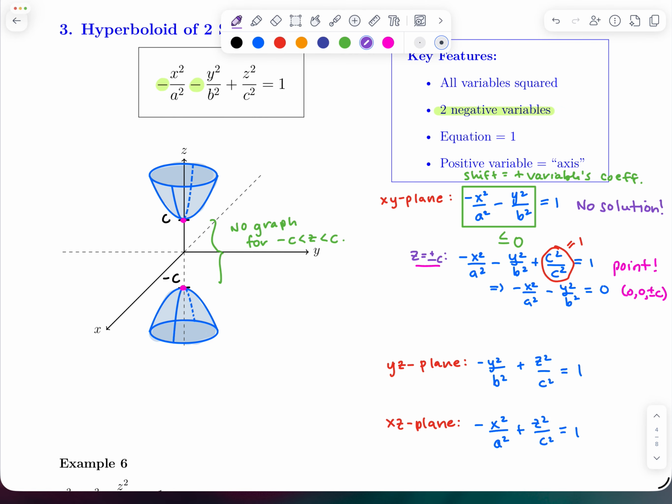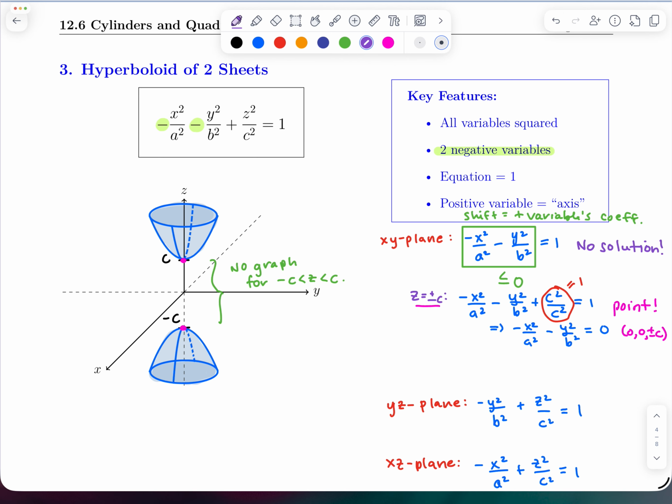Now, the reason why I skipped straight to looking at c is because we just found out in the previous, like when we were looking at this box, this term is always less than or equal to 0. So we're going to be relying on adding something to this side to bump this number up high enough so that we can get to 1. I've got something here less than or equal to 0. I'm going to add something to it, and it's got to get me to 1.